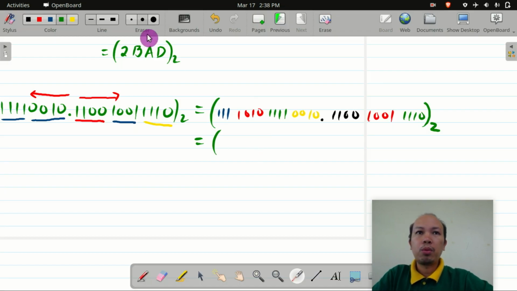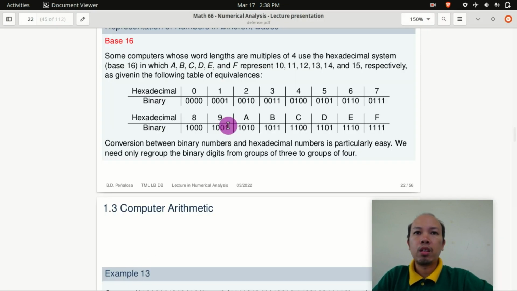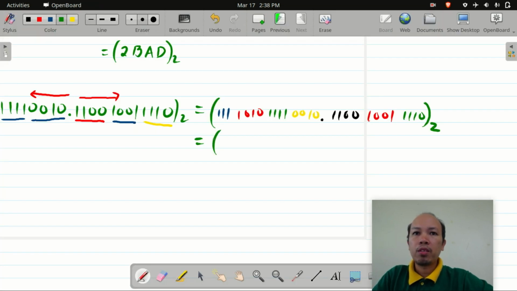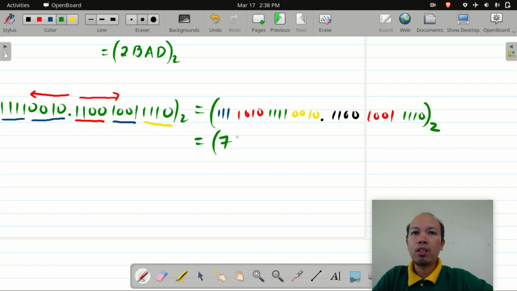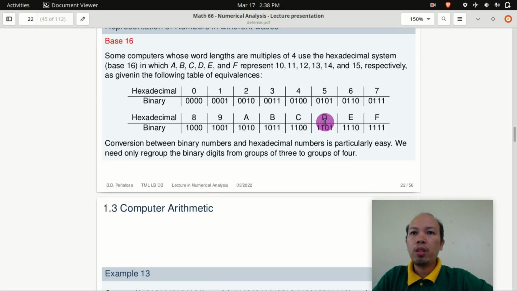Maybe we can start here. 0, 1, 1, 1 is 7. 1010 is this one, A, and then 1111 is F.